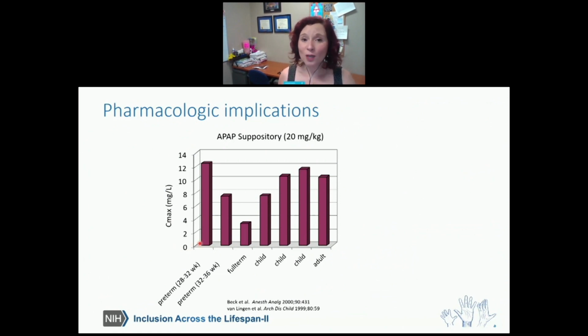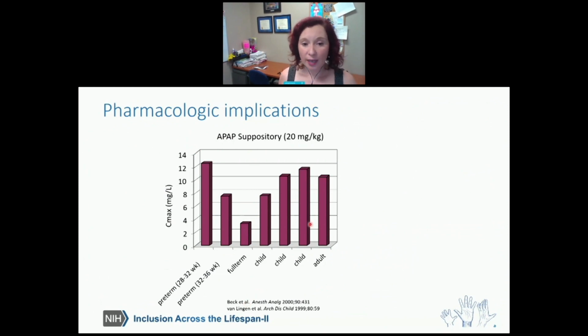This depends not so much on the age of the child when it comes to our neonatal bin right here, but really has more to do with their age at birth and the extent of prematurity. This translates into our preterm infants having far higher concentrations of the drug compared to full-term infants. As you can imagine, binning all three subcategories together into our neonatal age bin is not going to tell an accurate story nor present the data in a meaningful way.